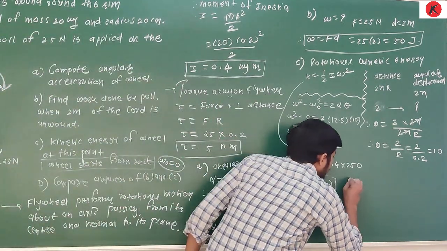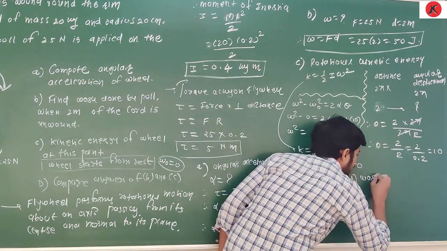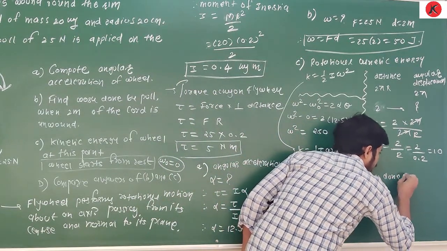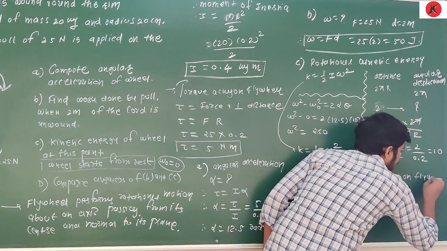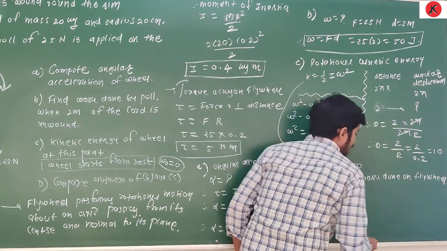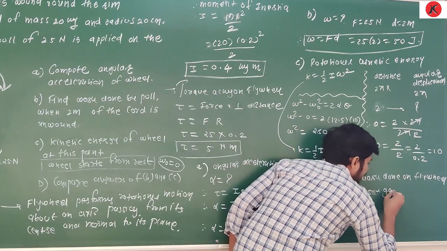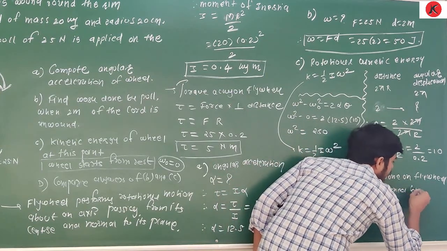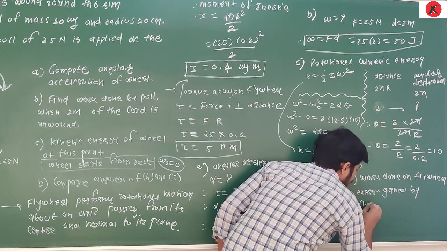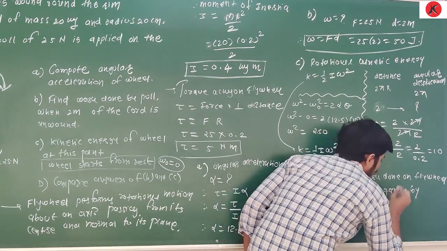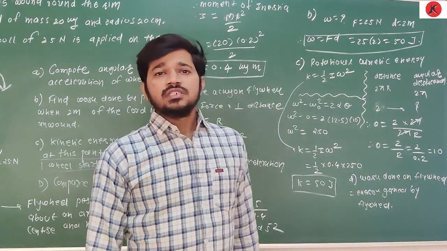So in option D you have to write the work done on the flywheel is equal to the energy gained by the flywheel.